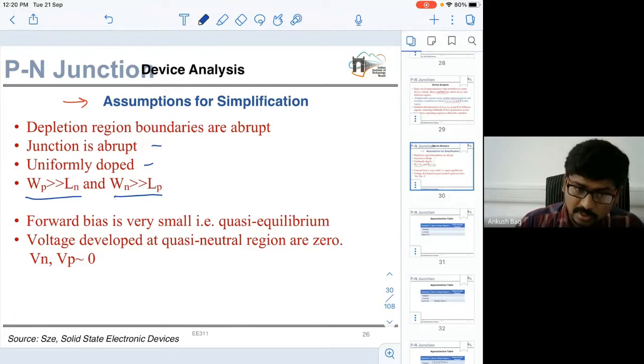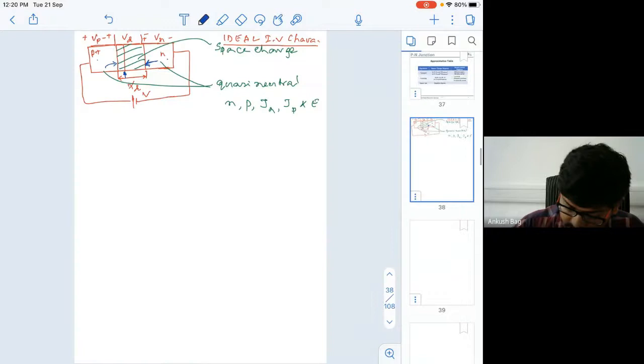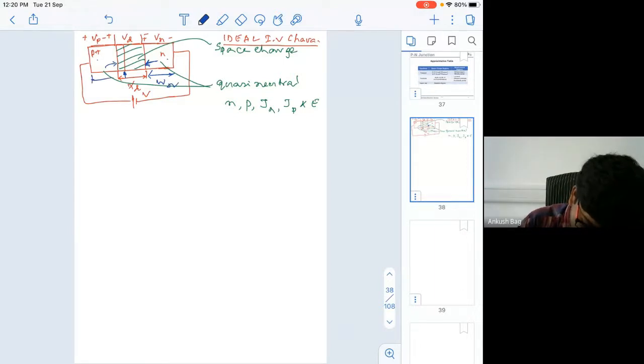So why we have considered this will be clear after this derivation. But just for your understanding now, this is your Wn, this is your WP.